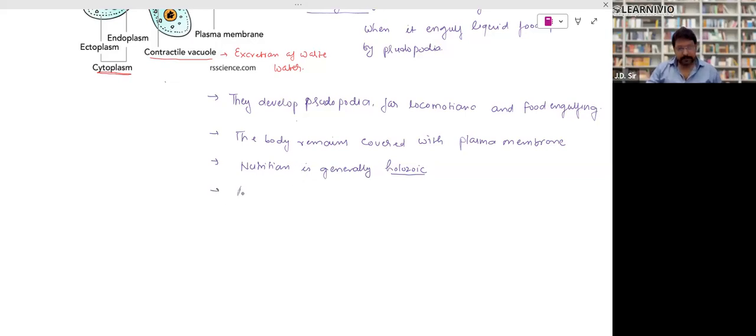Asexual reproduction takes place by binary fission, multiple fission, and spore formation.